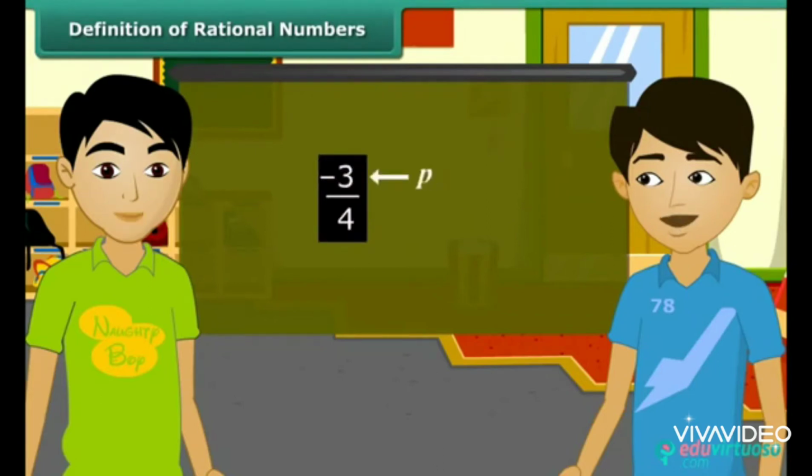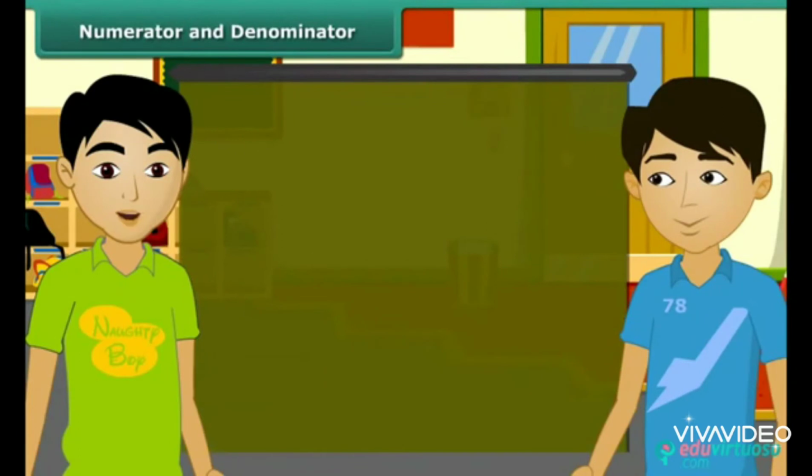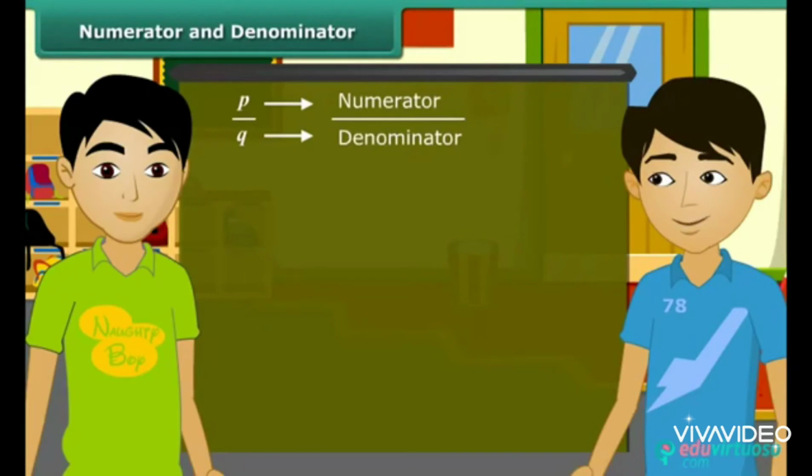Minus 3 upon 4: minus 3 is p and 4 is the value of q, so this is also called a rational number. Now in p upon q, p is the numerator and q is the denominator.